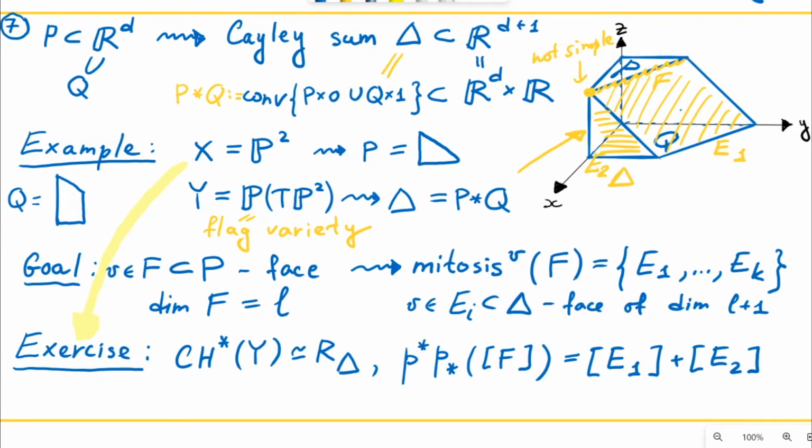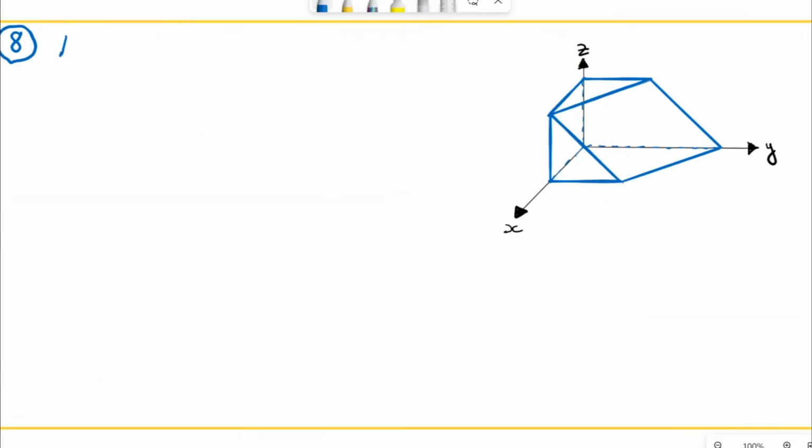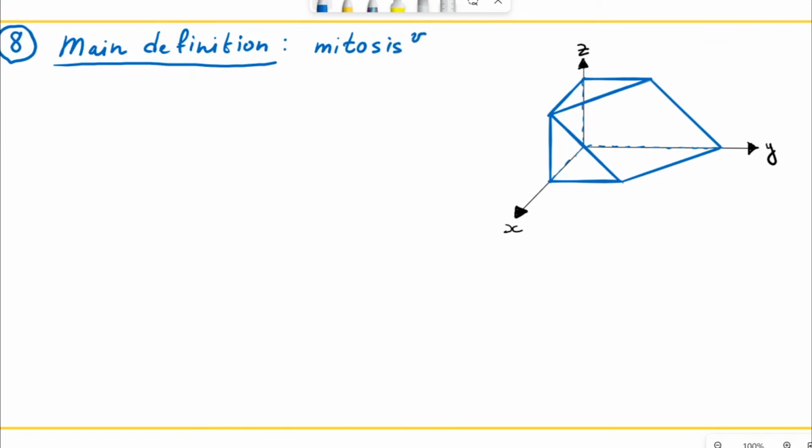So now I'm going to give a purely convex geometric definition, and this is my main definition. So we fix a vertex V. And again, I will illustrate this definition by the same picture, only now I will assume that the polytope P is on the 0 level and polytope Q is on the top level.